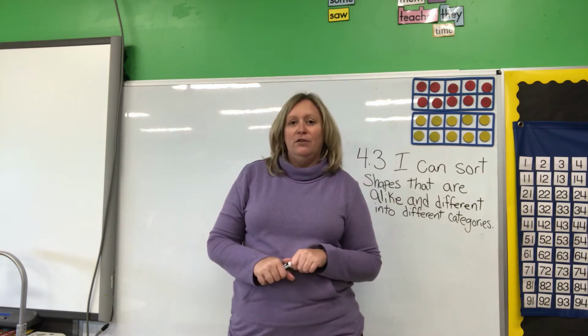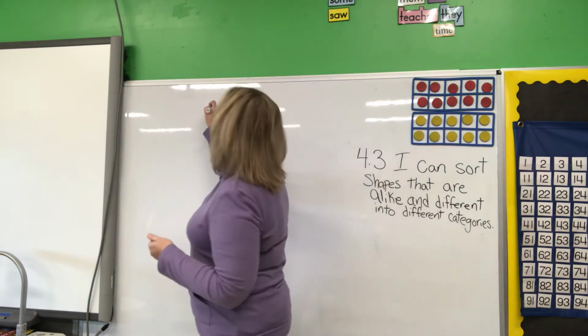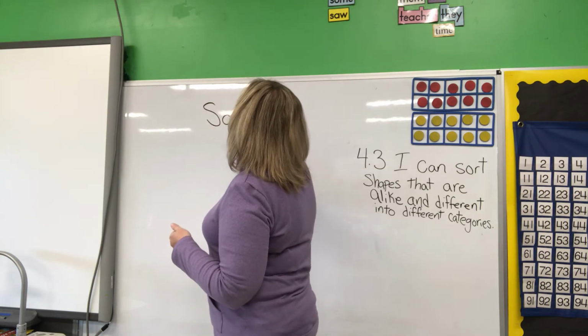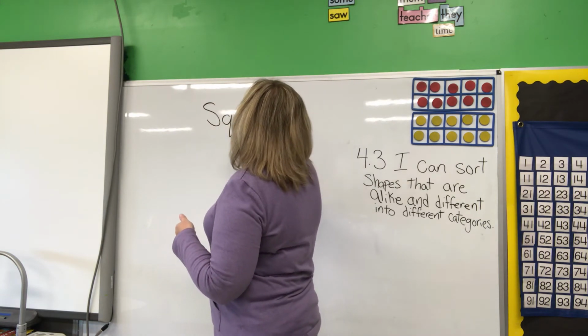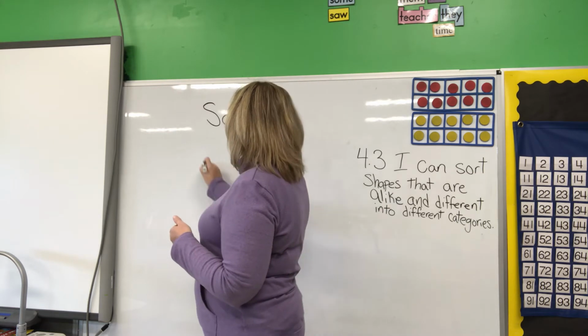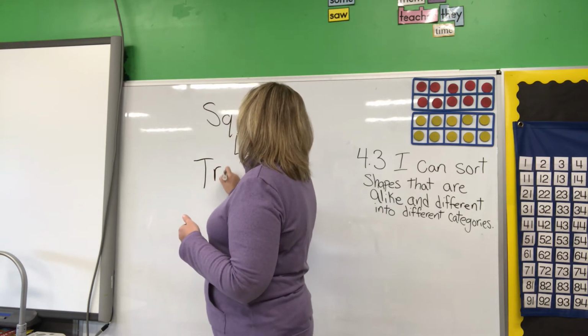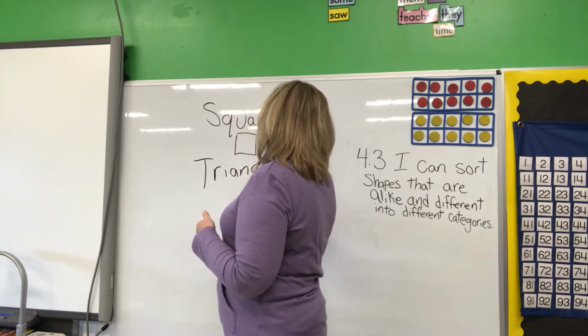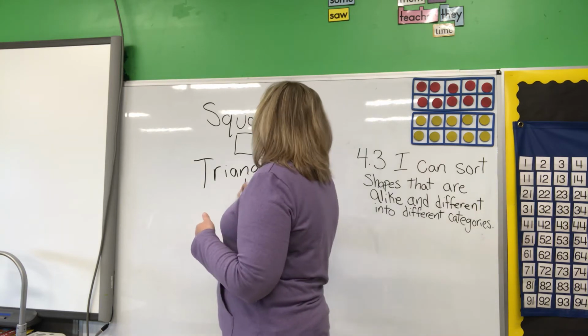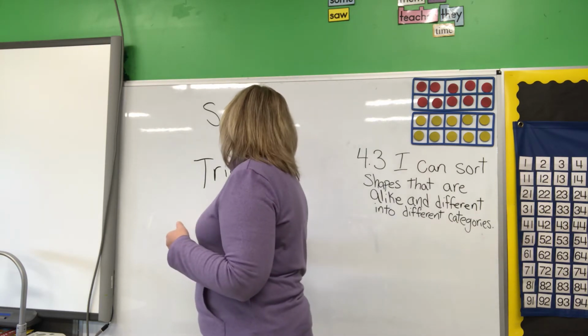What shapes have you talked about? You've talked about a square. You've talked about a triangle, like this. And you've also talked about a rectangle.